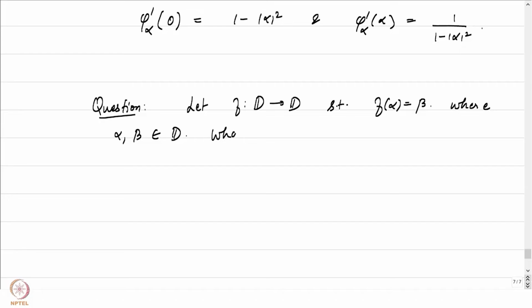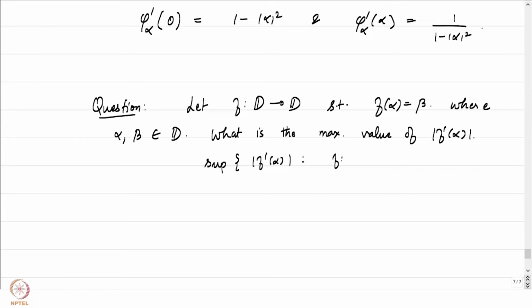So what is the maximum value of the modulus of f prime at alpha when we take the supremum over all possible functions f from D to itself which map alpha to beta, where alpha and beta are two fixed points?